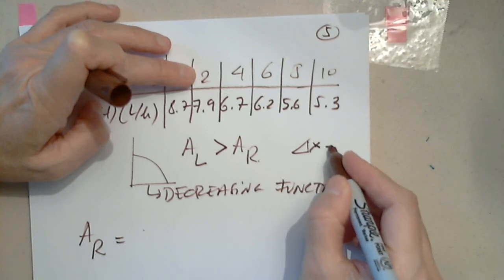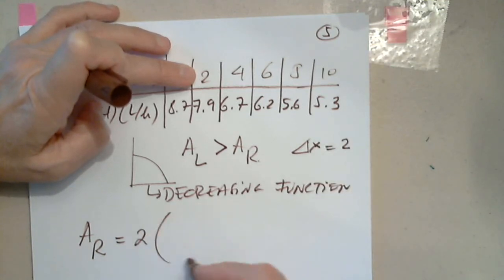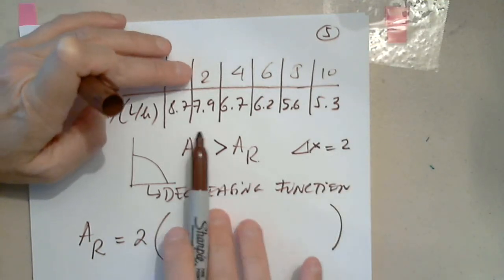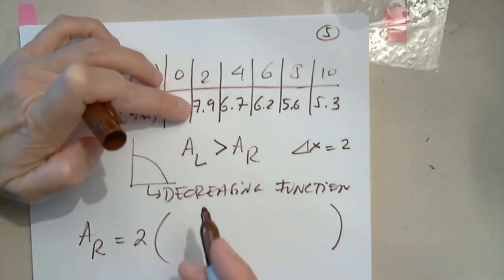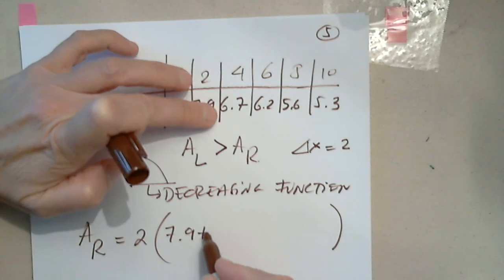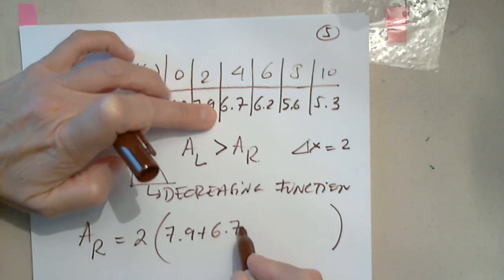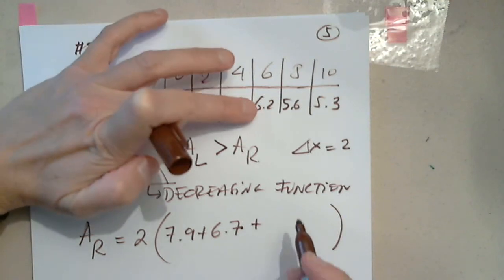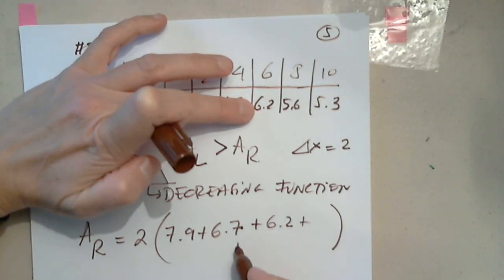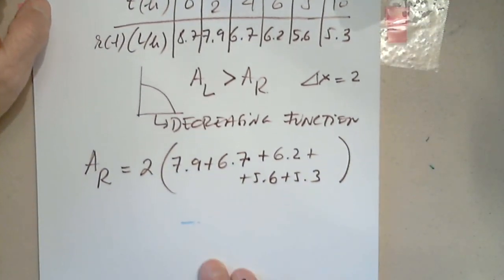Delta x is 2, so we have 2 in front. We are using the rightmost point, so I cannot use the 0. So I have to use the 7.9 plus 6.7 plus 6.2 plus 5.6 and plus 5.3.